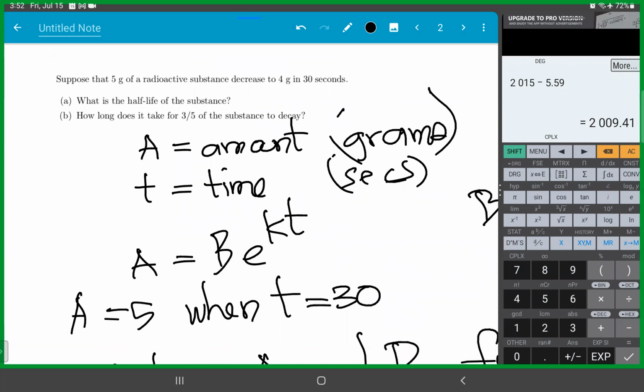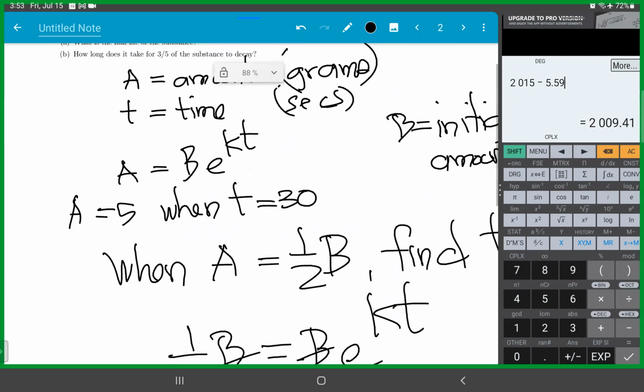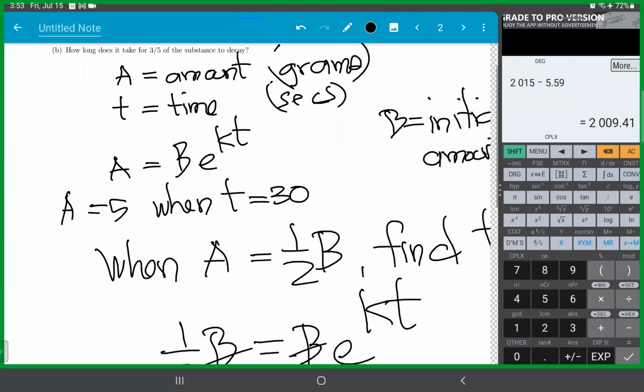Okay. Now we are told that 5 grams of a radioactive substance decreased to 4 grams in 30 seconds. Now, how do we get t? That's not enough. Tingnan ko.